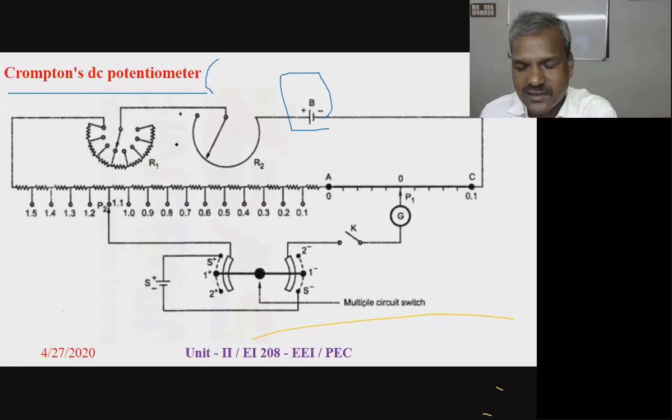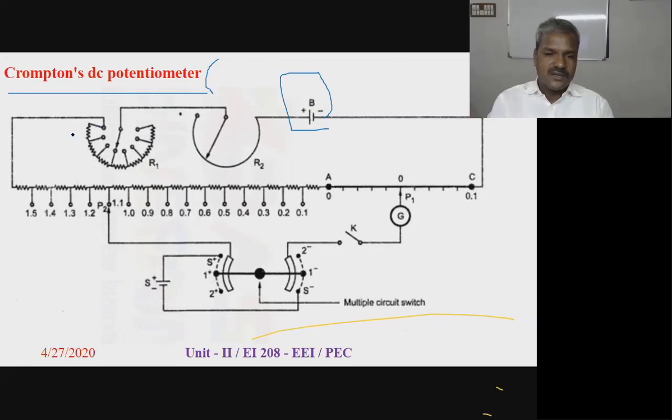First draw the diagram and list the various components inside the circuit. In the primary circuitry, there is a battery. Then there are two variable resistance circuits.